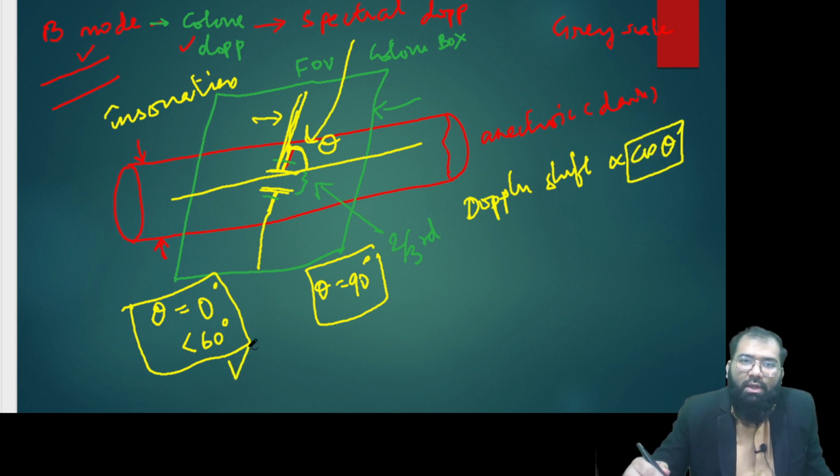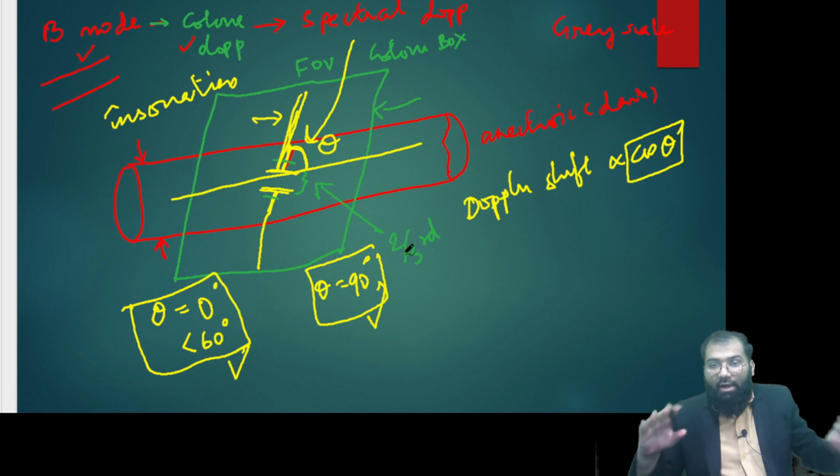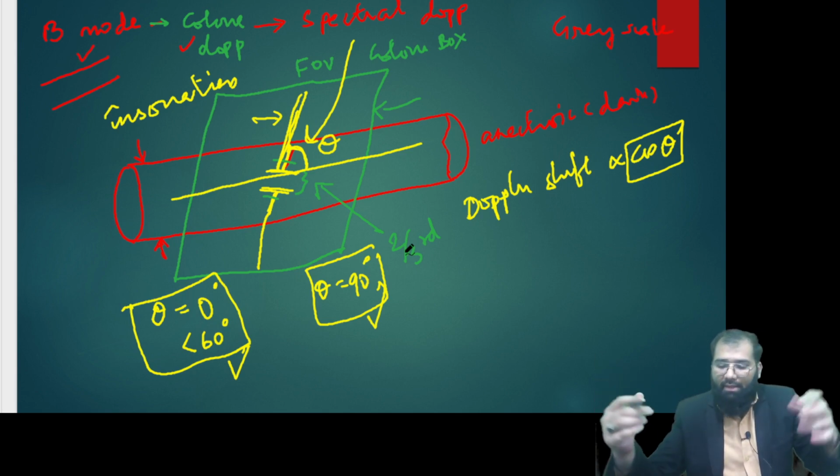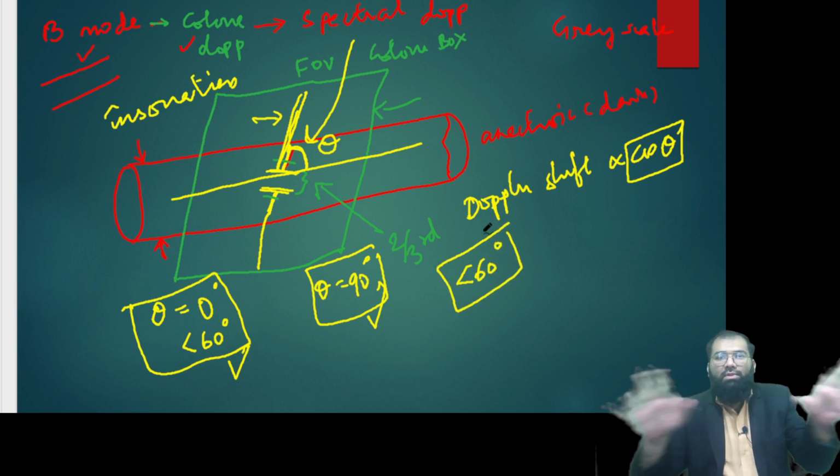Cos 0 is 1, so you get maximum accuracy, whereas cos 90 is 0, so the Doppler shift becomes 0. So where do I apply this? When it comes to any Doppler, limb Doppler or anything, you should try to keep the angle less than 60 degrees. If you don't keep this, your Doppler is useless.